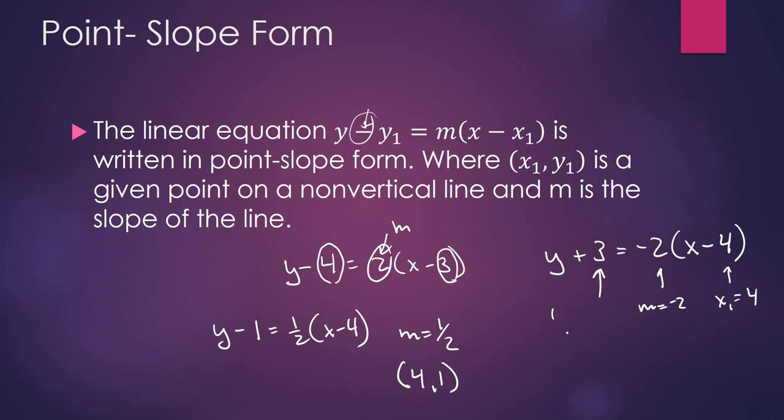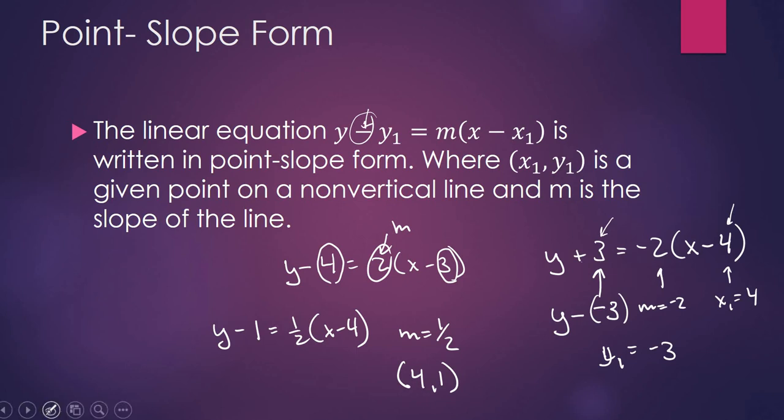So I want you to think of this as y minus a number. What would I have to subtract to get plus 3? Well, I would have to subtract negative 3. So my y sub 1 value is negative 3. In other words, I have to switch the signs to get my xy ordered pair.